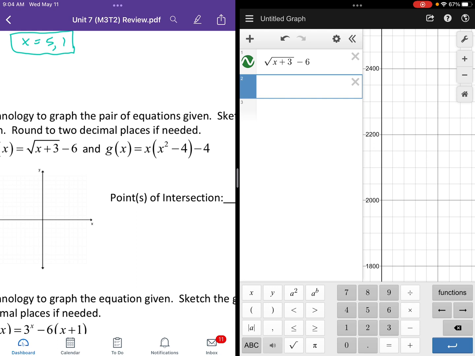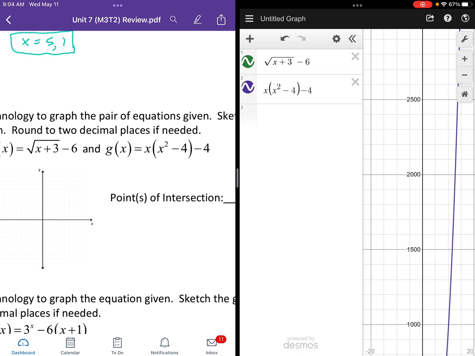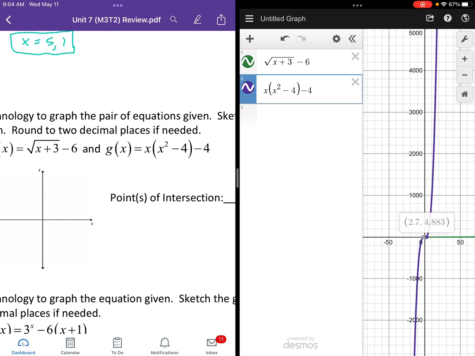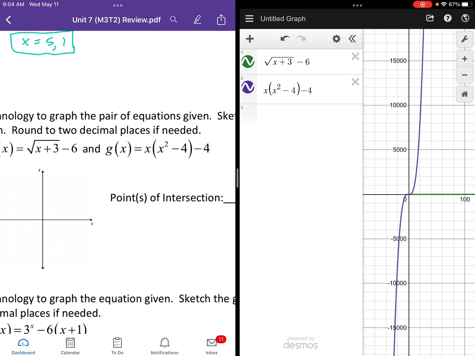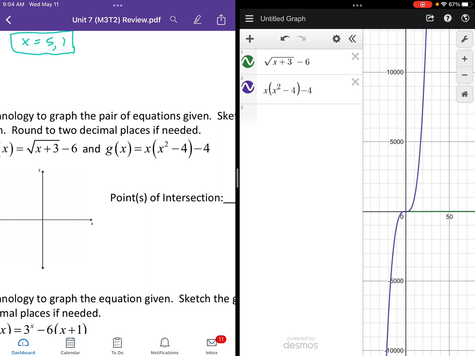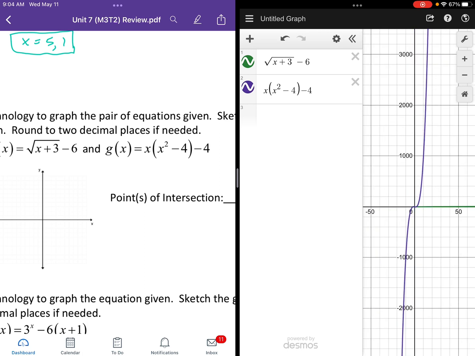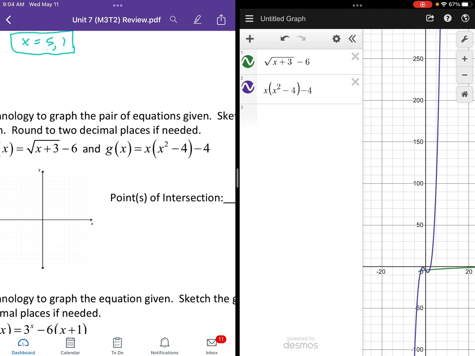My second equation is x times parentheses x squared minus 4 parentheses minus 4. So those are my 2 equations. So you can see here my intervals are very off.